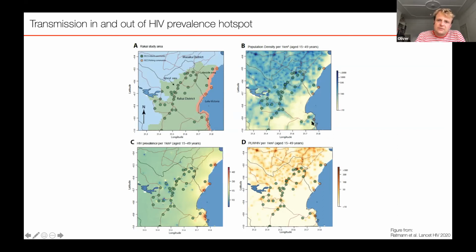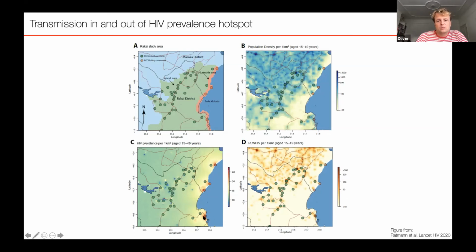It's a bit hard to see, but essentially in the survey, the primary locations and settlements where individuals lived at the lakeside were included in the survey. But you can see from this map that this isn't necessarily the case further inland. So we have this kind of bias that at the lakeside, all the big population centers are in the analysis, but further inland that was not the case.